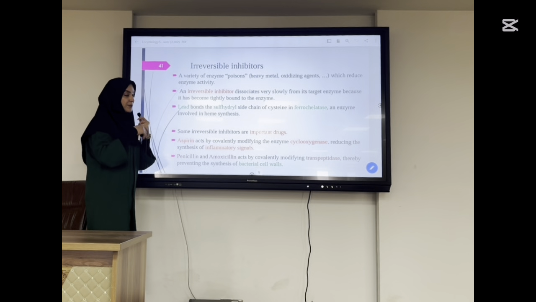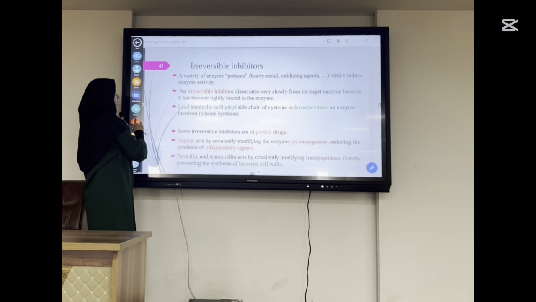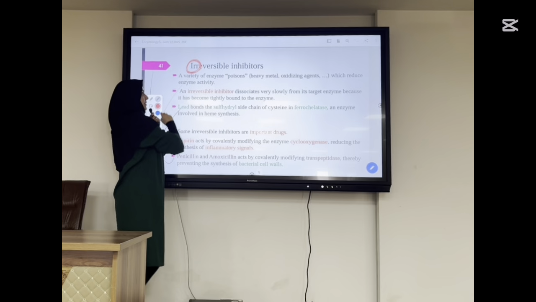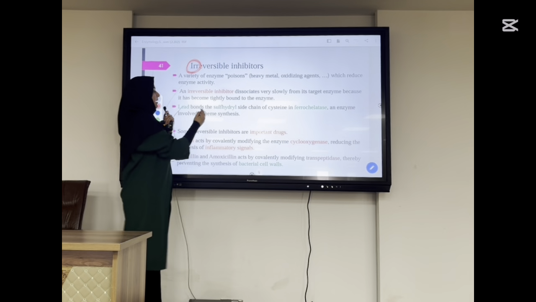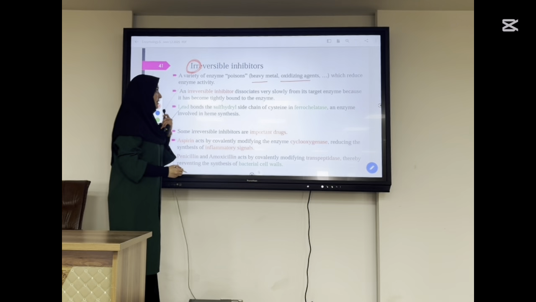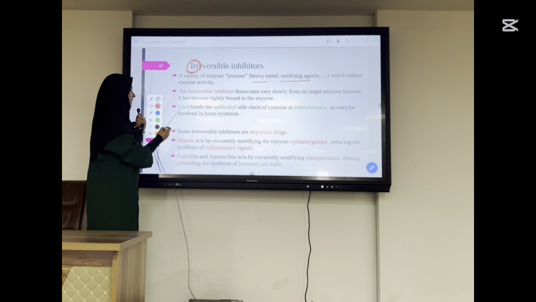About the reversible, we talked about it, but sometimes we have some irreversible. Please pay attention. Irreversible: some metal ions, and also oxidizing agents, belong to this type of inhibitors. What are the examples?